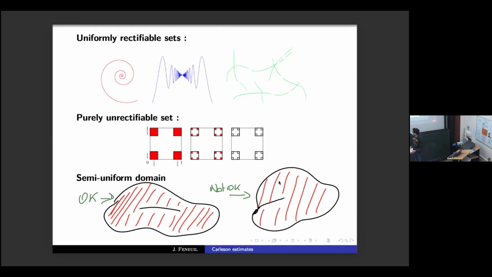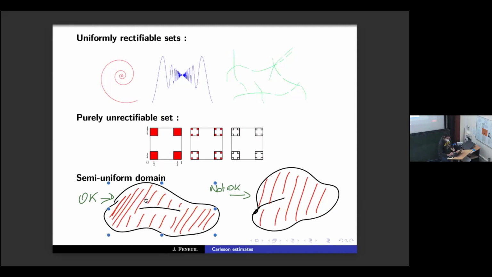And semi-uniform, from my understanding, is a set where all the points in the boundary are well connected to the points inside the domain, in some sense. So if you take a point on the boundary here and a point in the domain not too far, you can connect them with a path which is not too long.